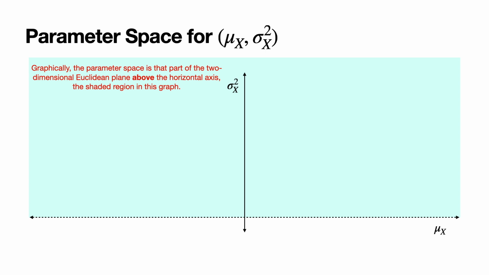The horizontal axis corresponds to mu sub x, and the vertical axis corresponds to sigma squared sub x. The mean mu sub x can take on any real number, negative, 0, or positive. The variance, sigma squared, on the other hand, must be positive.